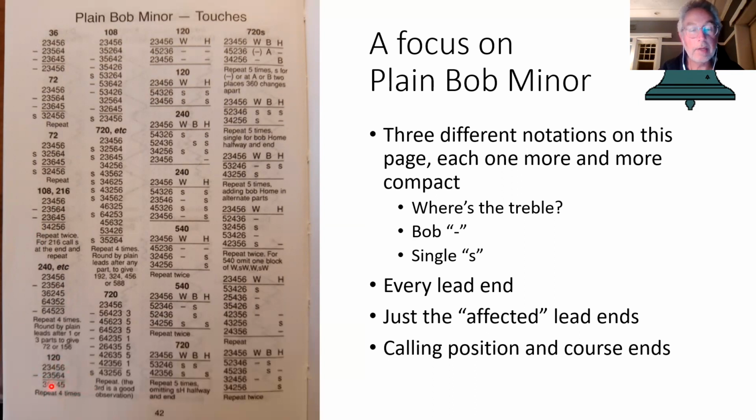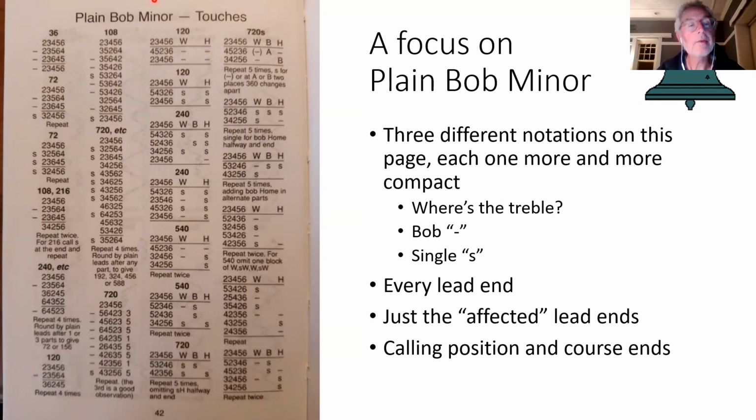Well, it is cyclical, but nobody's in their home position. Everybody's moved around. So that's why you'd have to do it 4 times, a total of 5 times. So basically bob, plain, bob, plain, bob, plain, bob, plain. And then it'll come around.